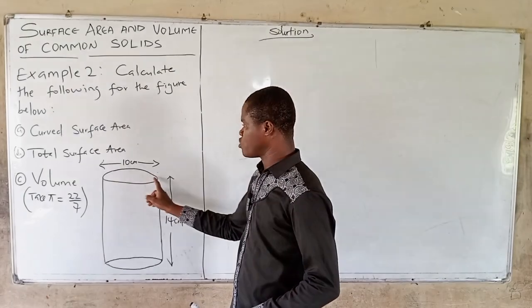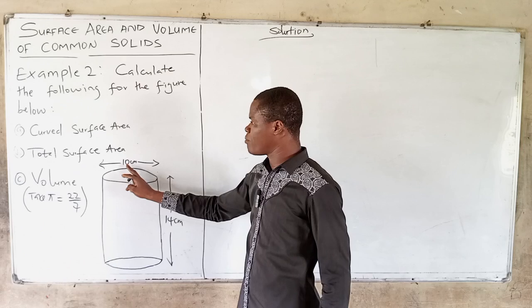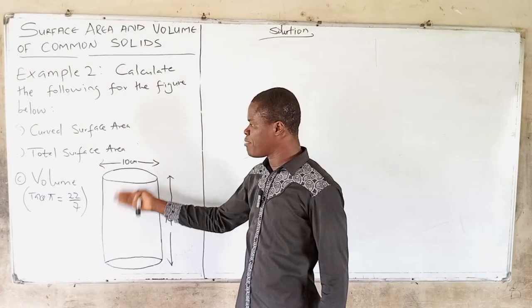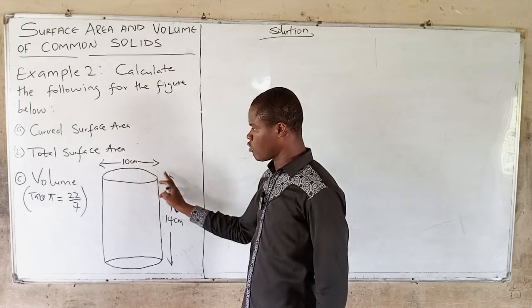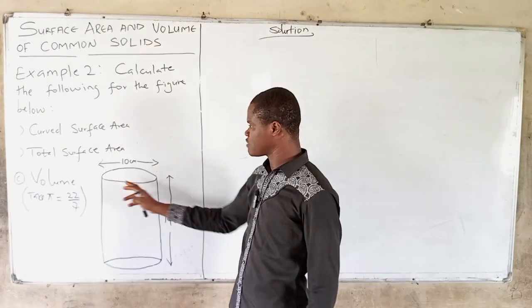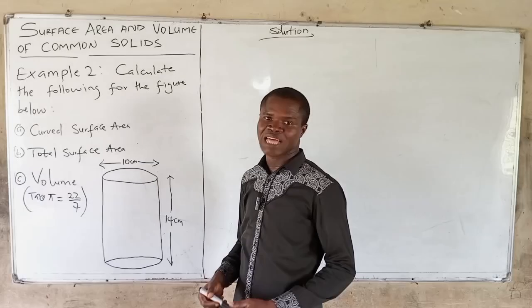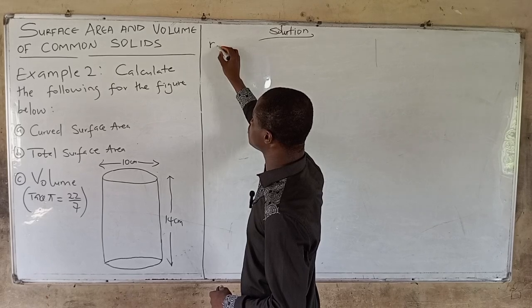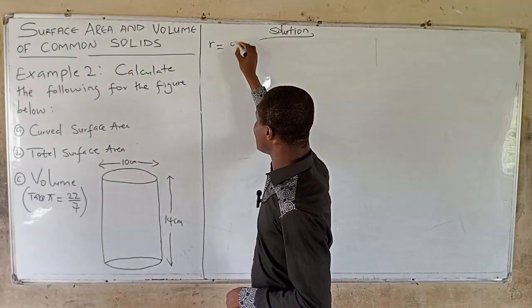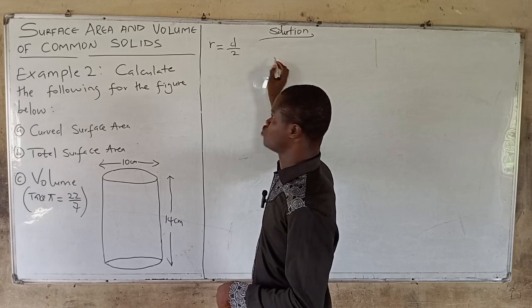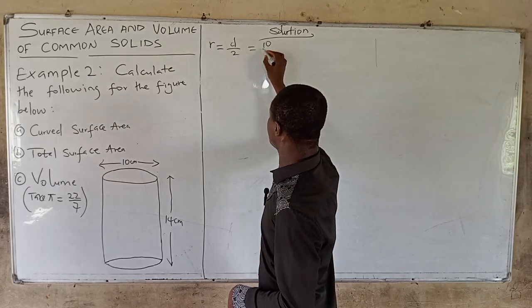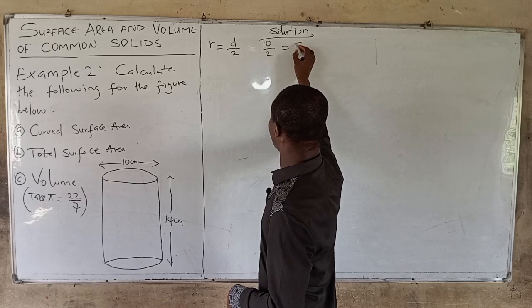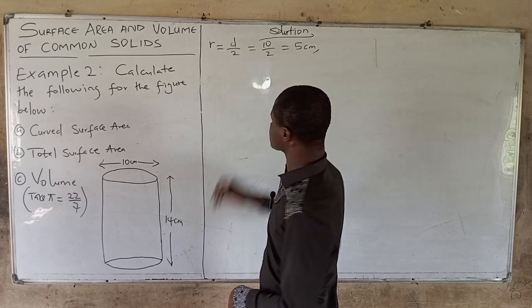From here to here is our diameter. This number 10 describes the diameter of our circle, of the circular top. That means our circular top has a diameter of 10 centimeter. So therefore our radius will be diameter divided by 2, which is 10 divided by 2, which will give us 5 centimeter.